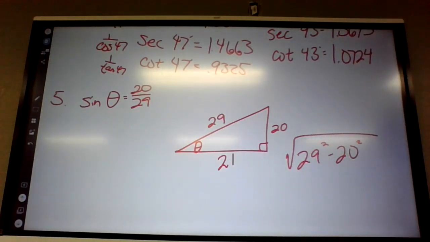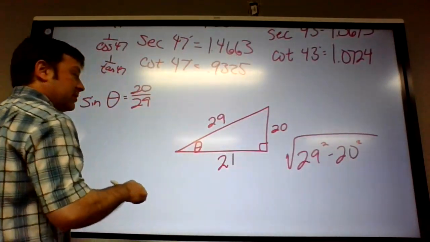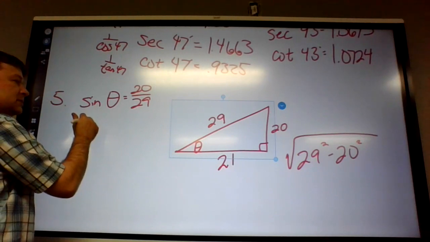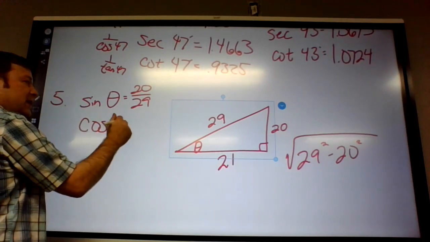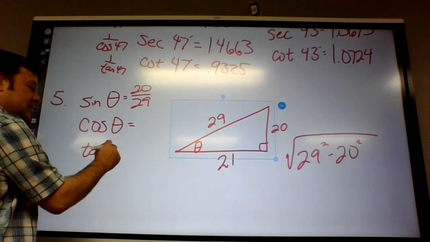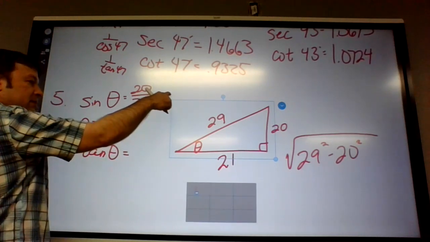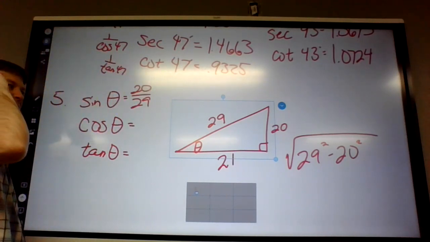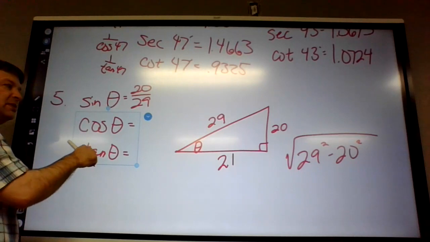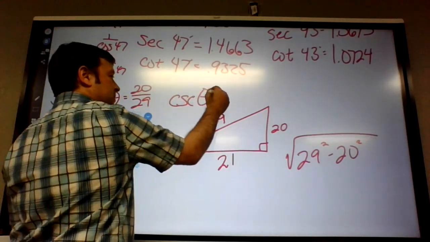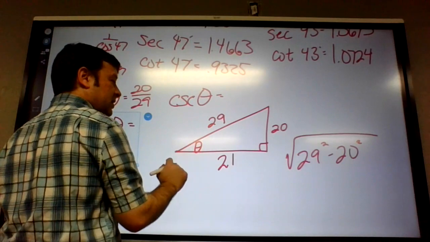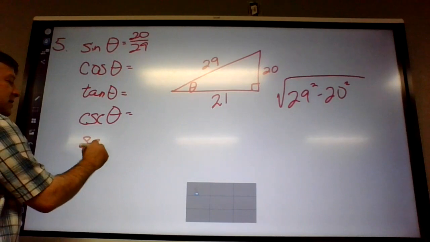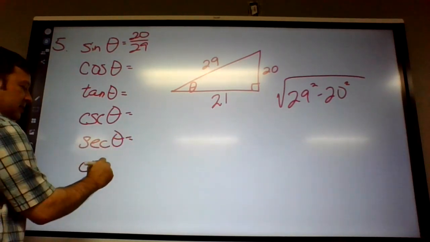Okay, now they want the other 5 trig functions for theta. So what would the other 5 be? Cosine, tangent. What are the other 5 trig ratios besides sine? Cosecant, secant, and cotangent.